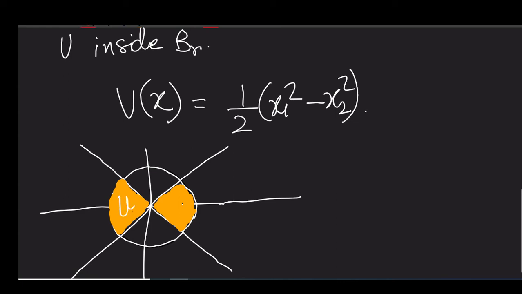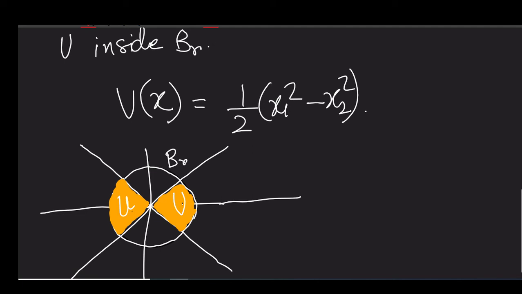This is my U. So here you are getting x belonging to BR. BR is the ball.